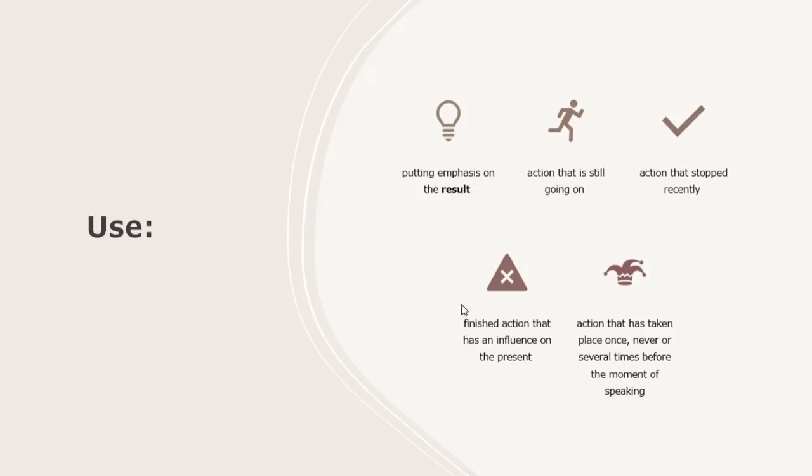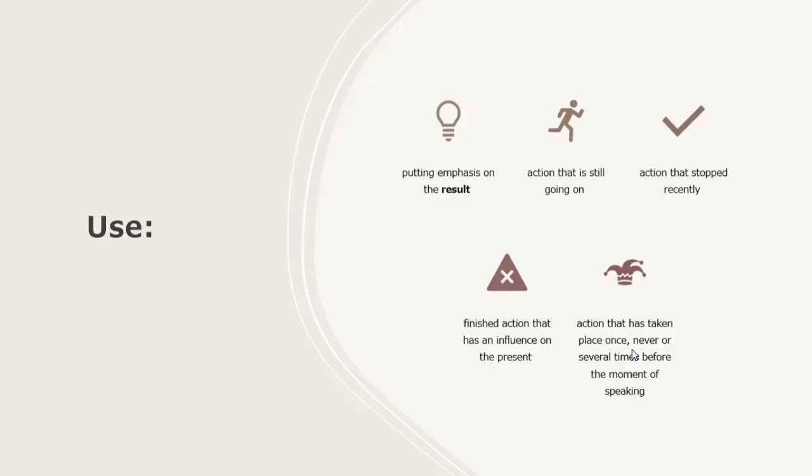And then finished action that has an influence in the present, like before you were dirty and you took a bath and you say, I've just taken a bath, all right, and now you are clean. Okay, and then an action that has taken place once, never, or several times before at the moment of speaking. Like I've been to Singapore twice. My mother has visited Bali several times.